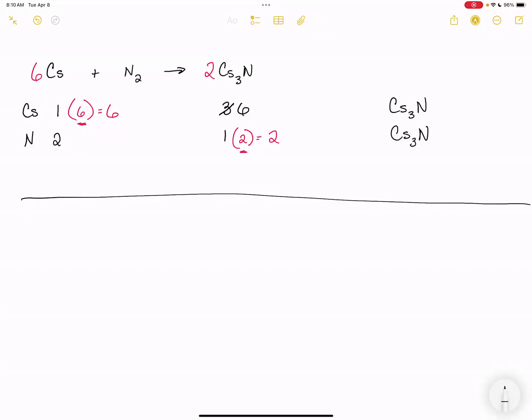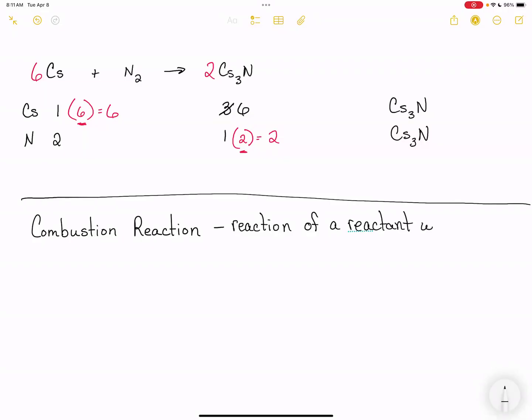The next type of reaction that I'm going to do is called a combustion reaction. A combustion reaction is going to be a reaction of a reactant with oxygen.